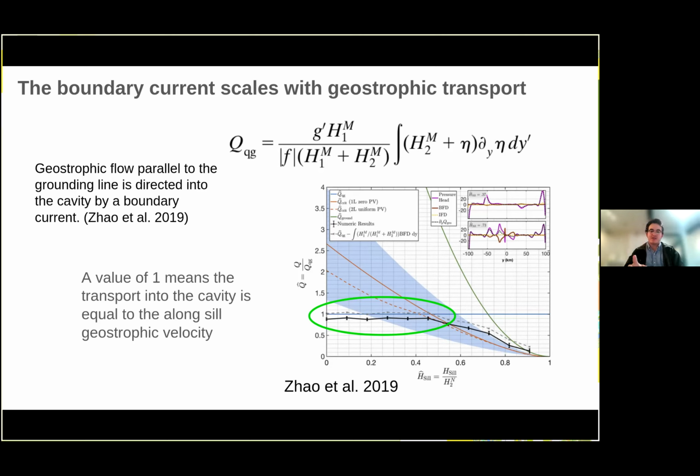But basically all this figure is showing is that you can predict or estimate the transport into the cavity in this 2-layer simplified model just by calculating the along sill geostrophic transport.